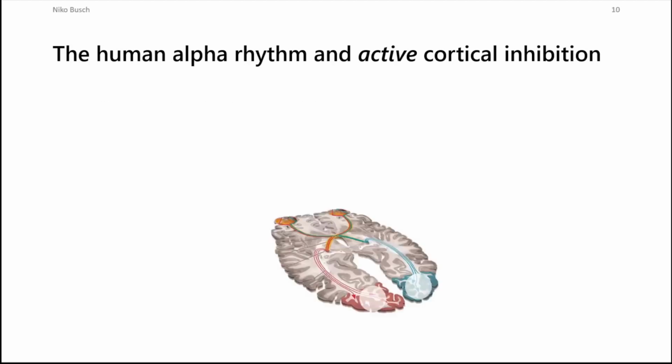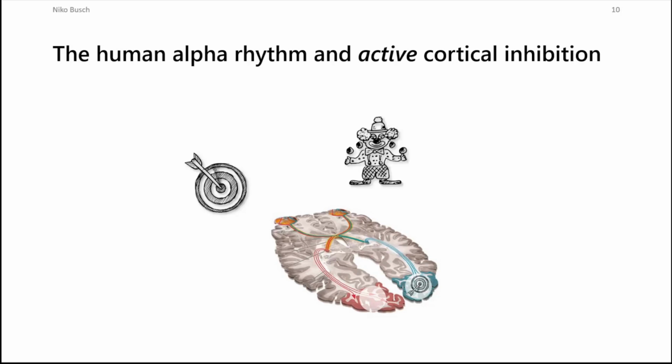So the idea is again illustrated here. Lateralization experiments leverage the fact that the brain has two hemispheres, the left and the right, and information on the left side of the nose is processed in the opposite, the contralateral hemisphere. So, for example, if your target, the relevant information, is on the left, it's processed in the right hemisphere of the brain, and the distractor on the right is processed over here.